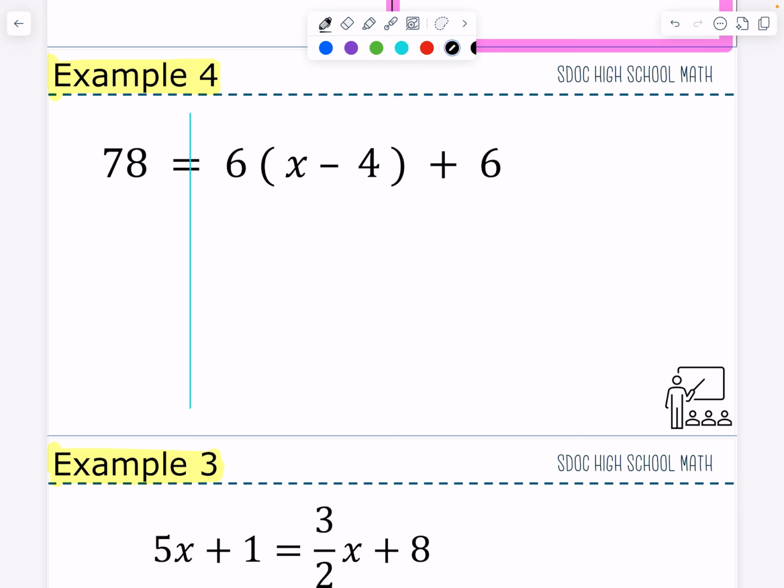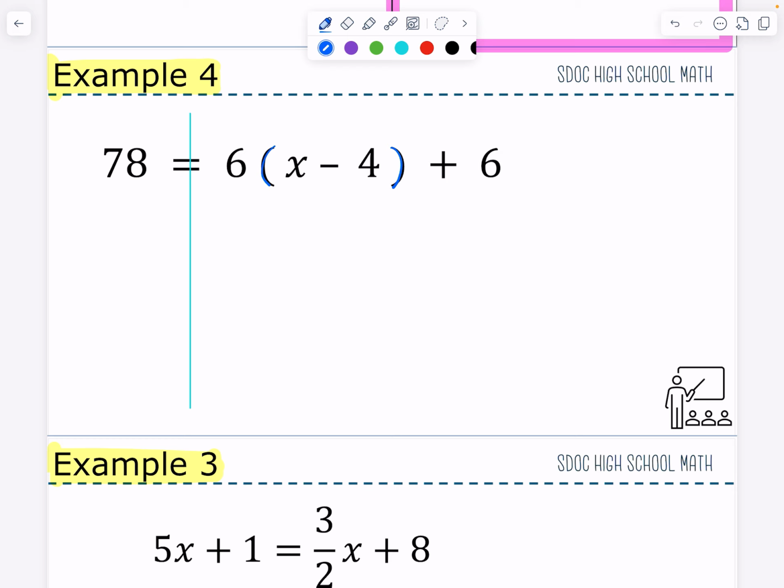All right, so let's go ahead and get started on this one. I have 78 equals 6 times the factor x minus 4, plus 6. Well, I'd like to get rid of those parentheses first. Before I can get rid of those parentheses, I have to understand that that's multiplication.